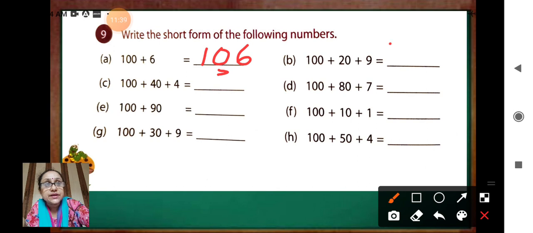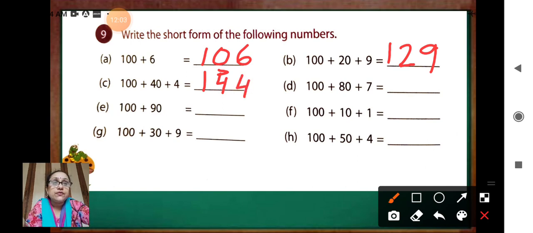So write in hundreds place 1. This 20, that is 2 tens and 9 ones. Correct? Now try to do yourself. Question C, 100 plus 40 plus 4. Write 1 in hundreds place plus 40, that is 4 tens, write 4. Okay, plus and 4 in ones place, 144.